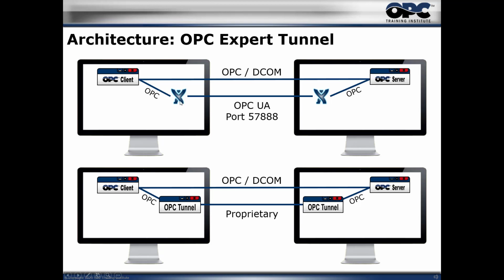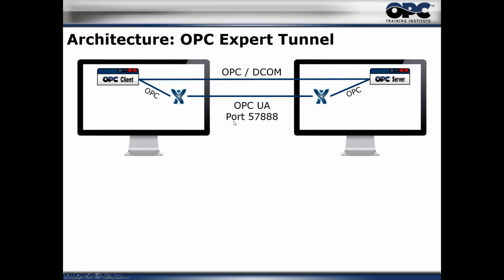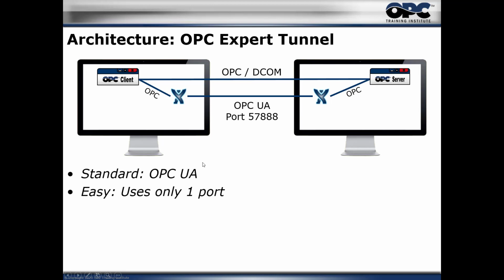So the idea is that if this doesn't work, you can go this way here with the tunnel. Now, let's just talk about that a moment. Number one, using standards only. So OPC in, OPC out, that's one standard. OPC UA is another standard. It's also very easy because it uses only one port. So when it comes to your firewall configuration, you only have one port to configure.